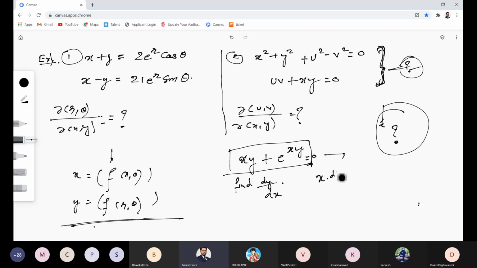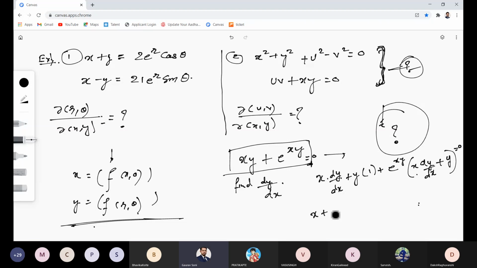So x dy by dx plus y into the derivative of x, 1, plus the derivative of e to the power xy, is e to the power xy in bracket x dy by dx plus y, equal to 0. Then you separate dy by dx out of this.